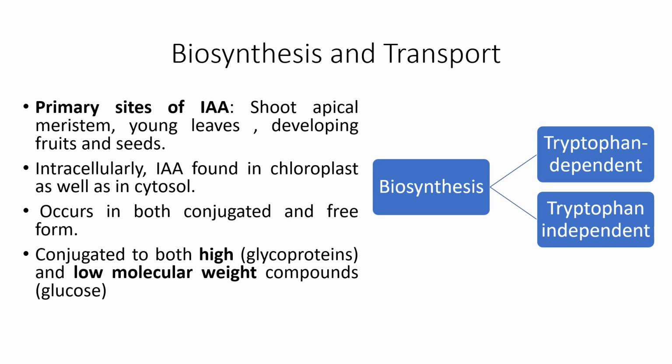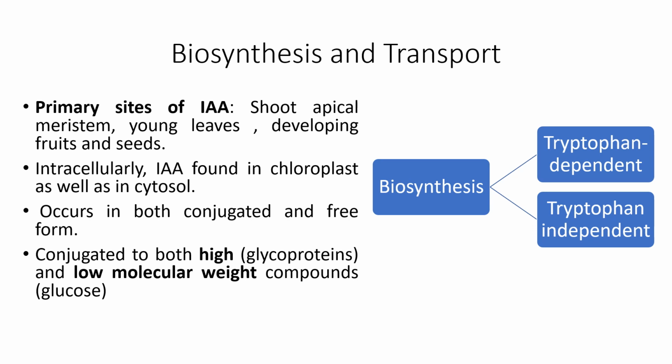Then about the biosynthesis and transport. Major sites for IAA synthesis are the shoot apical meristem, young leaves, developing fruits and seeds. Intracellularly, IAA is found in the chloroplast as well as the cytosol.